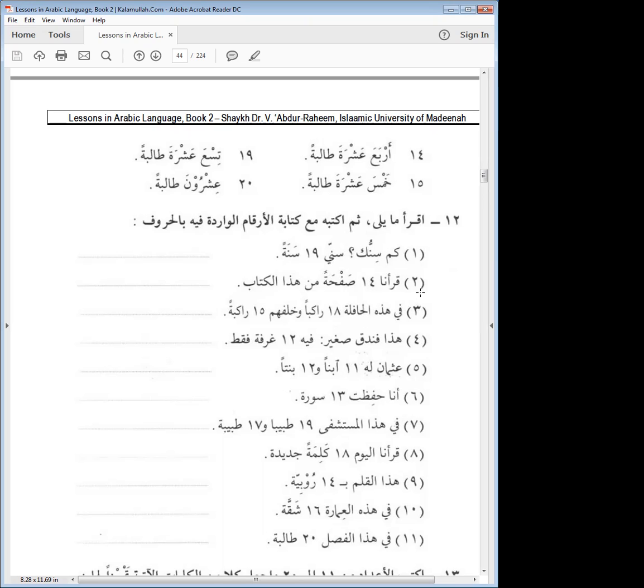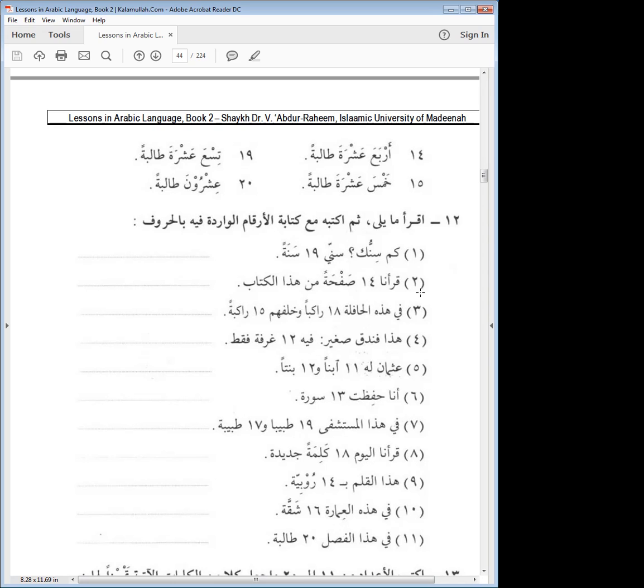But 13 to 19, remember it's a composite word, in Arabic we say murakkab. So the first part is opposite gender to the counted thing, and the second part is the same gender as the counted thing, right?